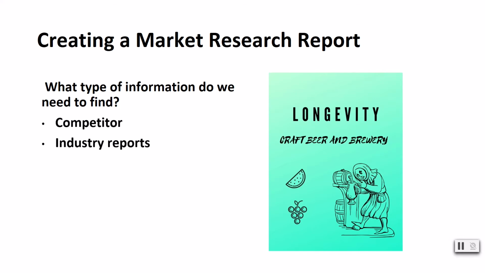Industry reports. This goes back to case study 1, and this could easily be applied to case study 2. It is looking at the brewery industry from a macro perspective to see what's going on within the brewery industry. Market data. We want to understand the market trends and what's going on within a particular market.